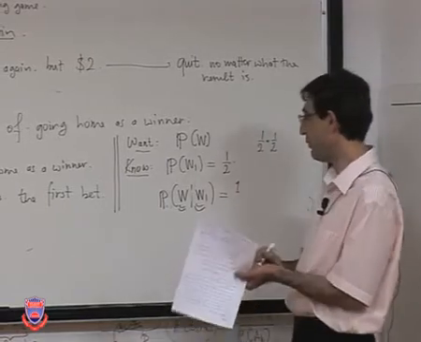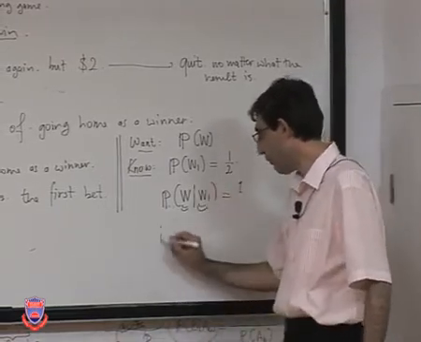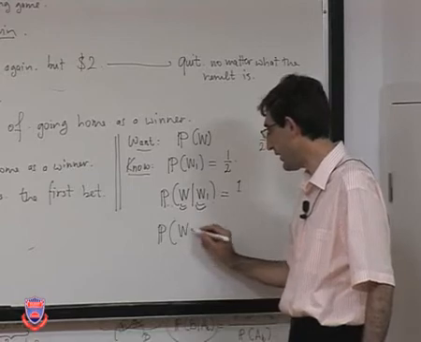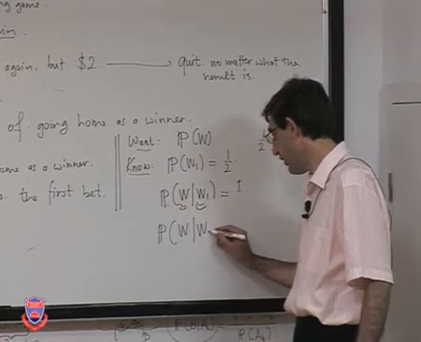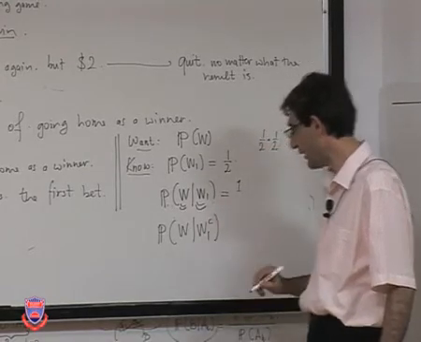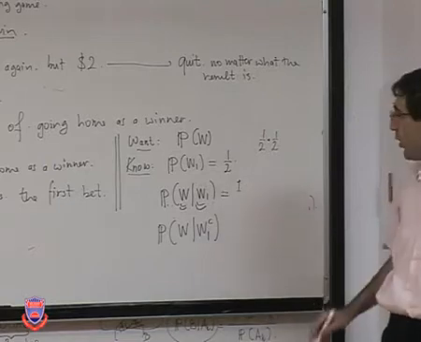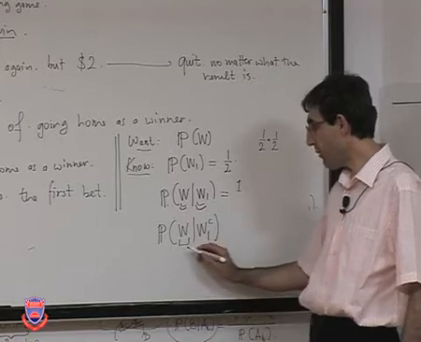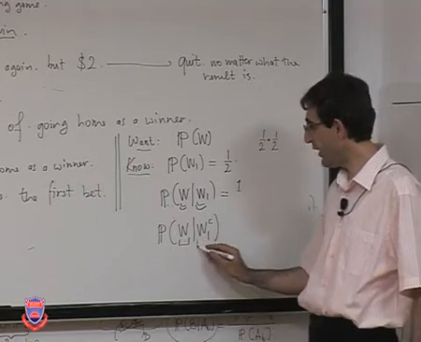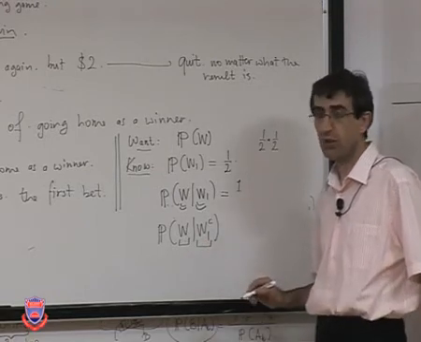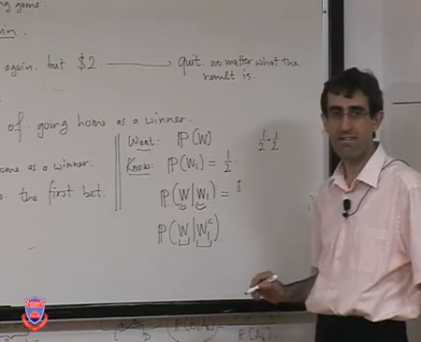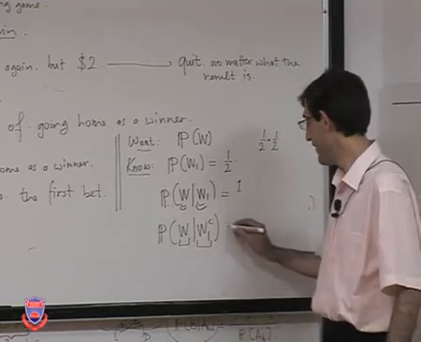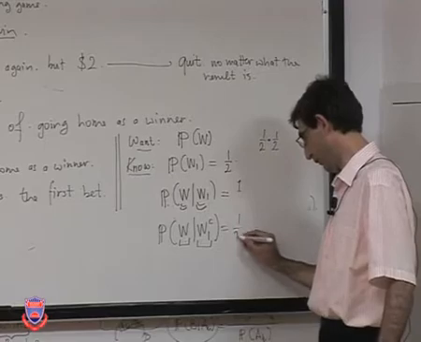So we have that, but then you can perhaps say, well, you need to work a little harder to calculate this, right? What is the probability that this person is going to go home as a winner, given that he lost the first bet? It is going to be 1 over 2, right?